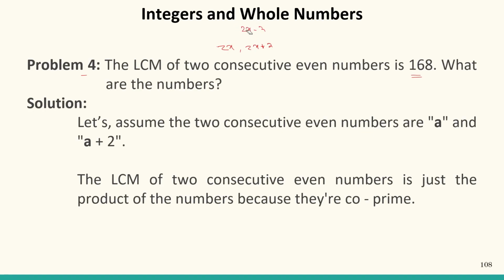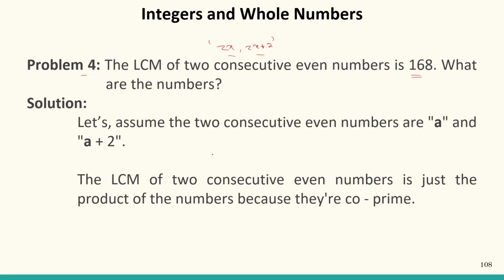But for the ease of doing the problem, we will take these two as the consecutive even numbers. The LCM of two consecutive numbers is given, and then we need to find the two numbers.